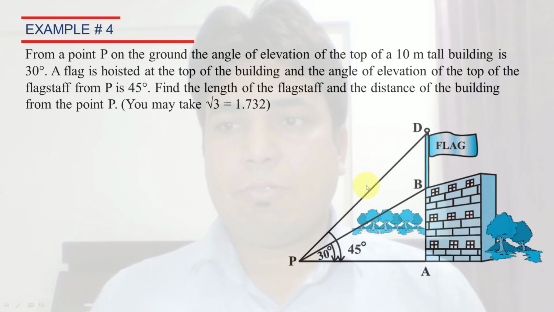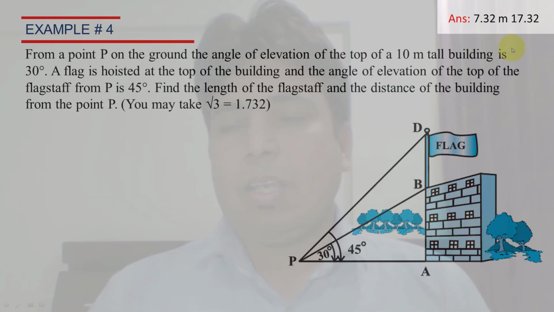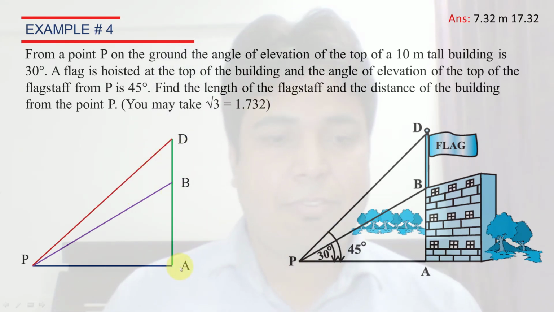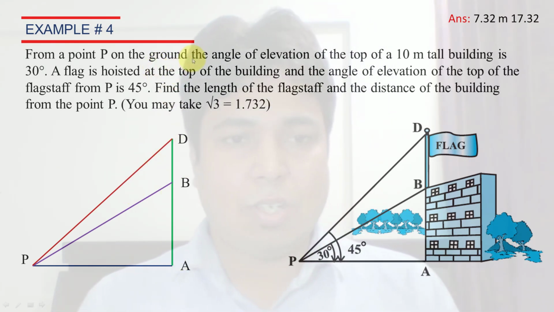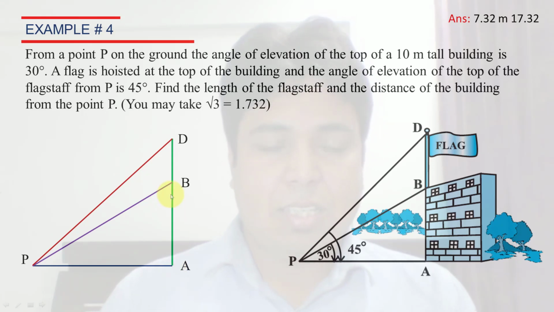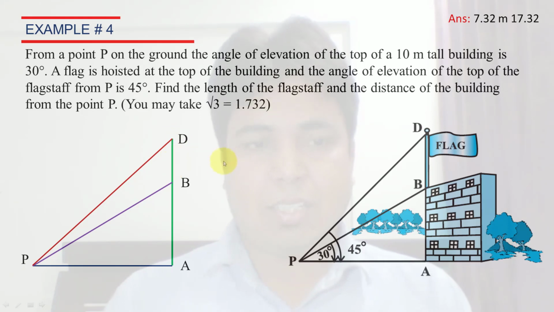So the answer for this question is, first is 7.32 meter, that is the length of BD, and second is PA, that is 17.32. As you can see, this is the question figure that we need to make while solving this problem, and you can observe this AB length is the height of the building and BD is the length of the flagstaff.